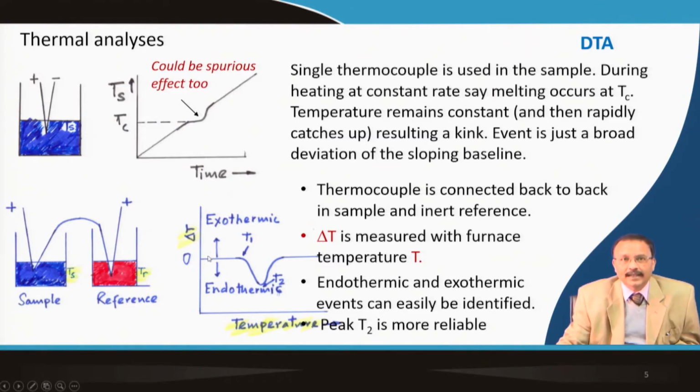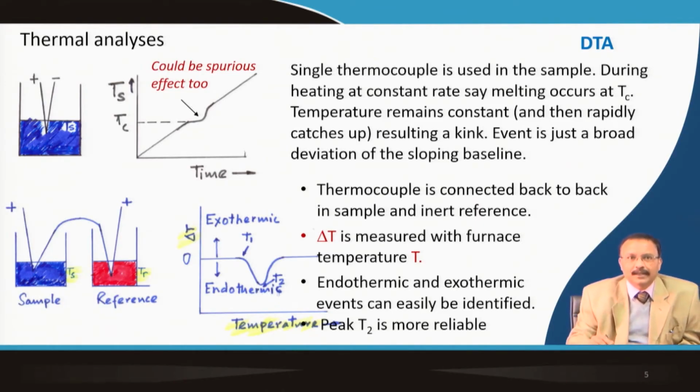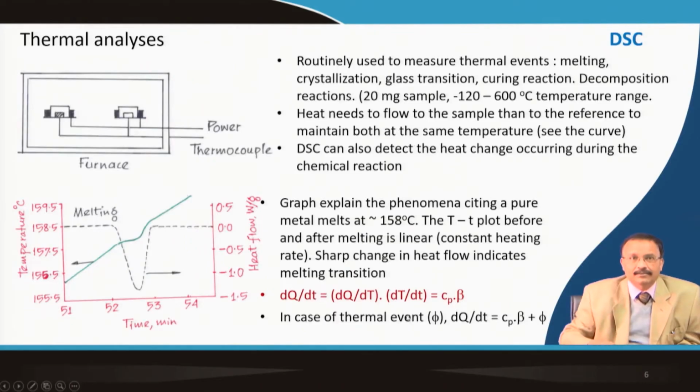Now, in case of an endothermic reaction, you can get a peak something like that. It has an initiation and a completion. Sometimes it is difficult to identify the initiation peak, so the reaction can be characterized by the completion peak and you can identify this kind of transition.